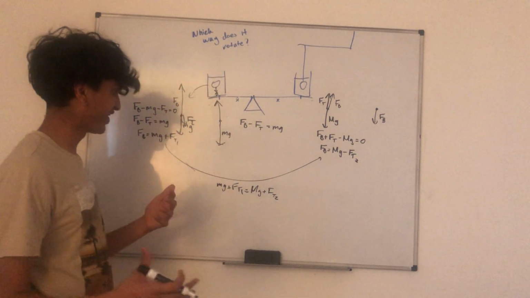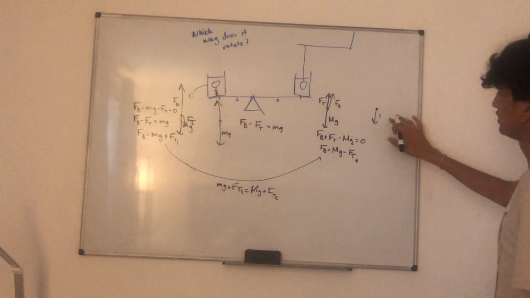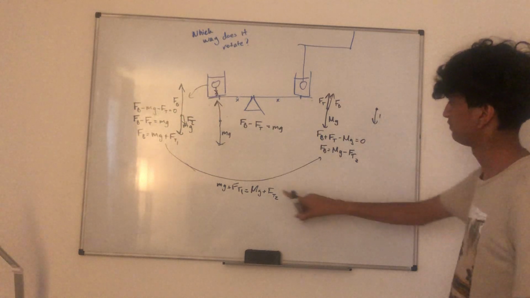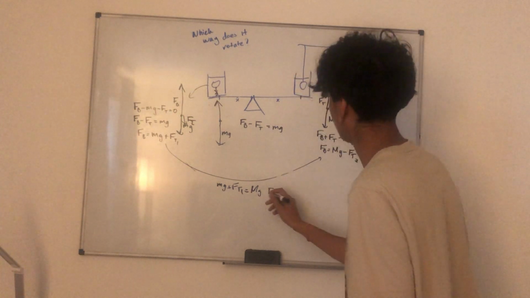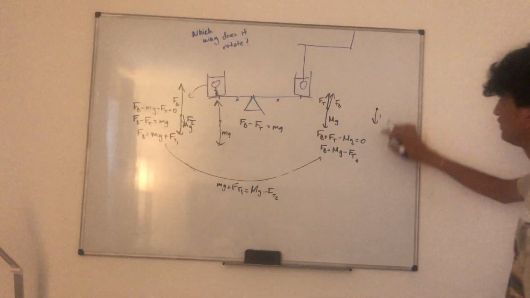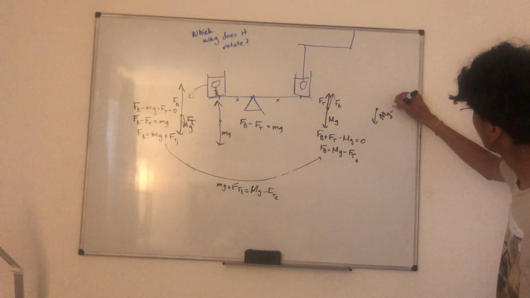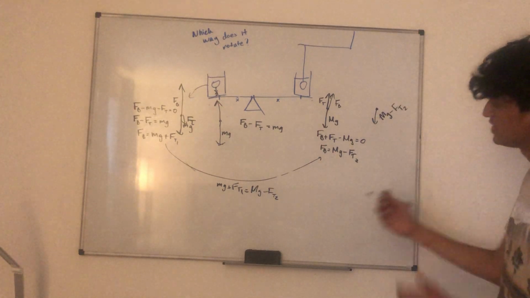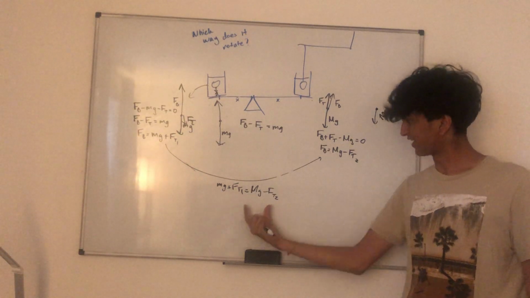Okay, now I know this is going to be equal to mg minus Ft2, right? This Fb is really just equal to mg minus Ft2. But take a look. This is the same thing as this, right?